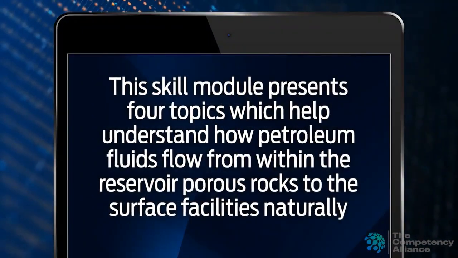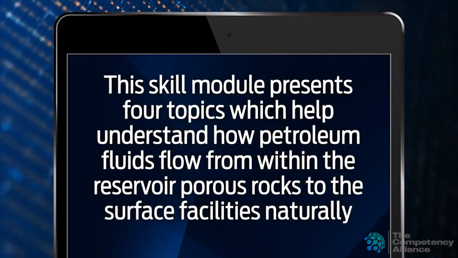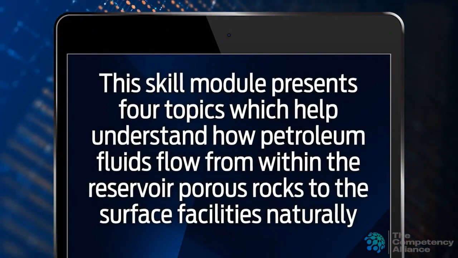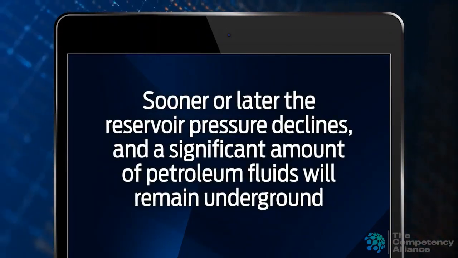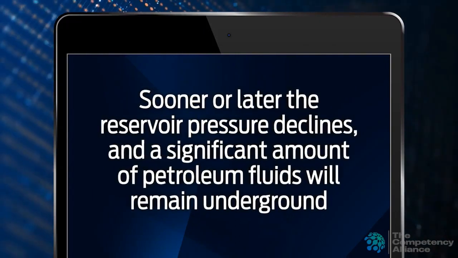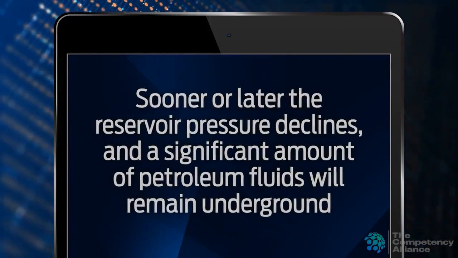This skill module presents 4 topics which help understand how petroleum fluids flow from within the reservoir porous rocks to the surface facilities naturally. Sooner or later, the reservoir pressure declines and driving forces run out of energy, and a significant amount of petroleum fluids will remain underground.